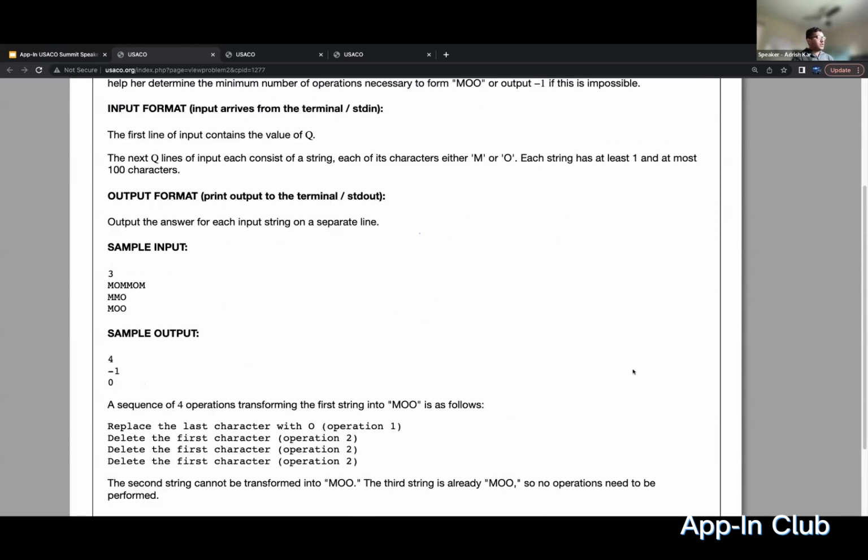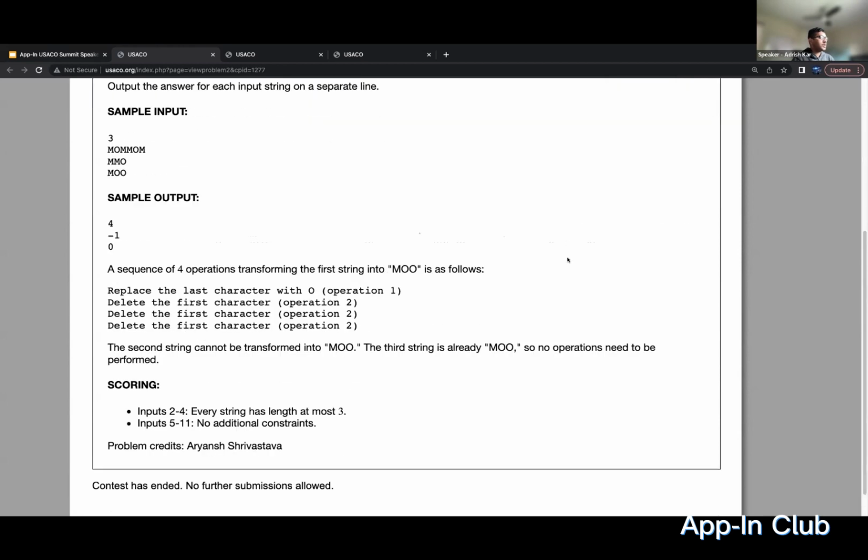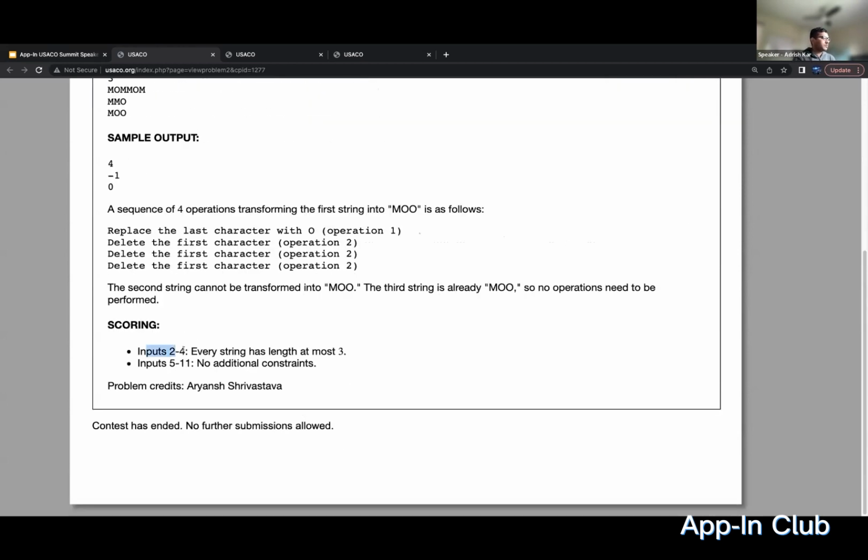Okay, now that we have a basic understanding of the problem statement, this is what I meant by subtasks earlier. For inputs 2 to 4, you can see that the string length is guaranteed to be at most 3.